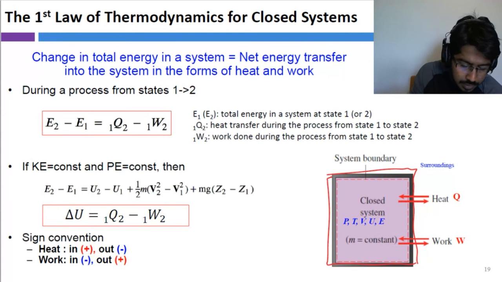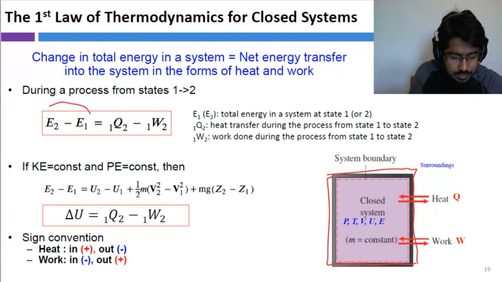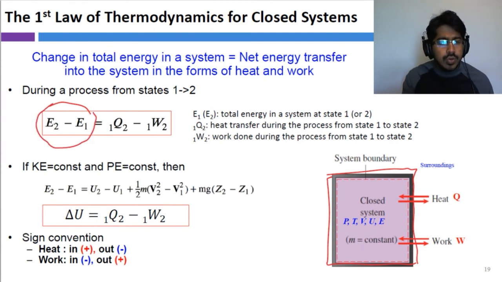So what we are interested in seeing is the state 2 energy level minus state 1 energy level, right? But we cannot directly calculate the energy level of a given state, right? So it needs a lot of effort.